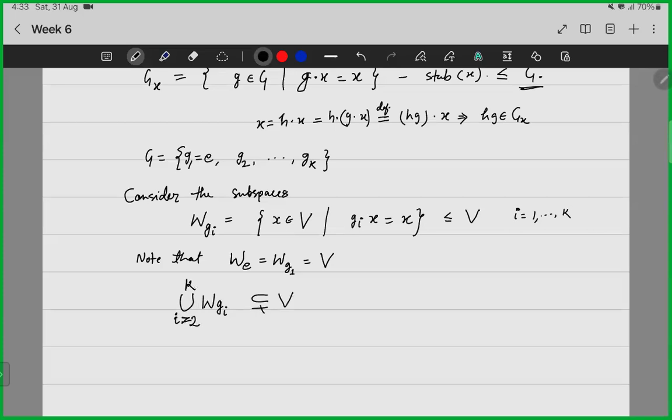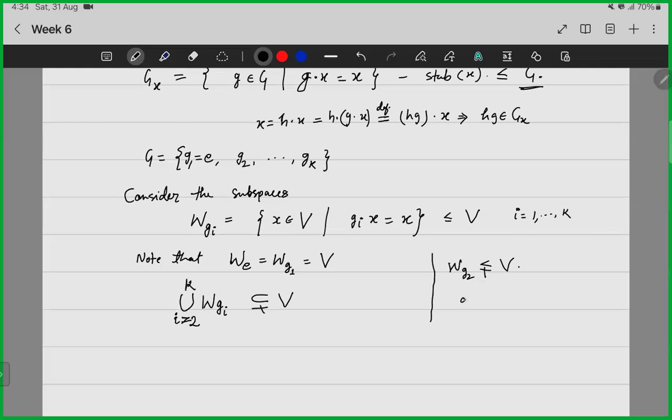How will we do this? First of all, let's have some rough work here. What is W_g2? Because g2 is not identity, g2 will not fix everything. Only identity fixes everything. W_g2 is proper.